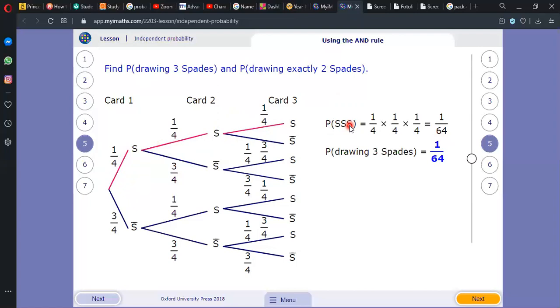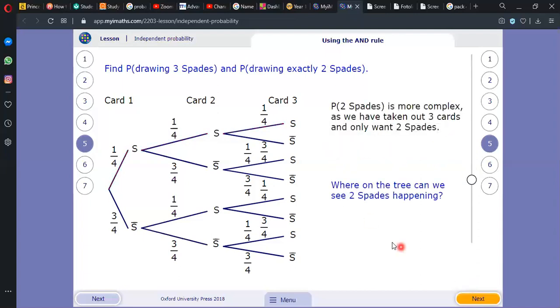Another way of looking at it, without using the tree diagram, is to think of probability of spade, spade, spade as spade and spade and spade. Putting those words "and" will help you to remember that you are supposed to multiply. I'm going to show you that very soon on the board. So, all right, let's move on with that.